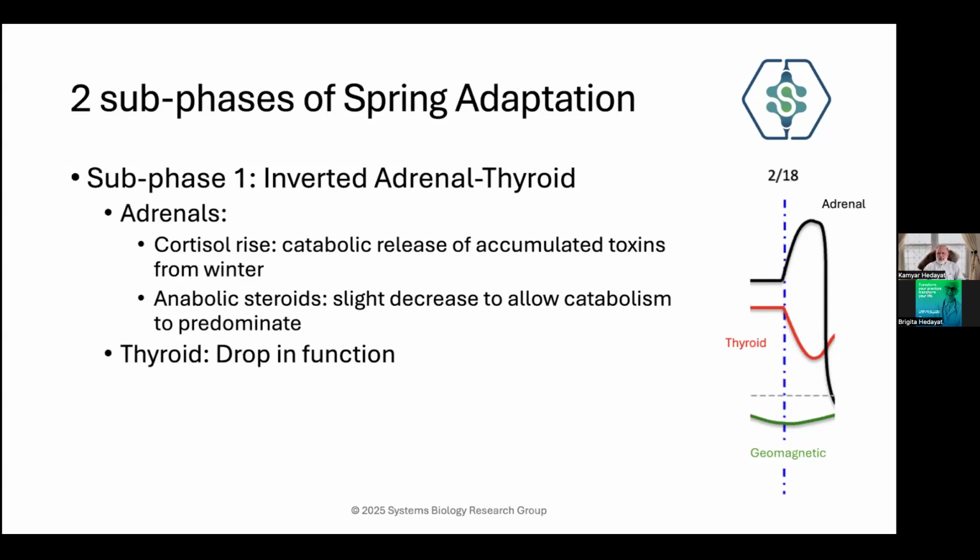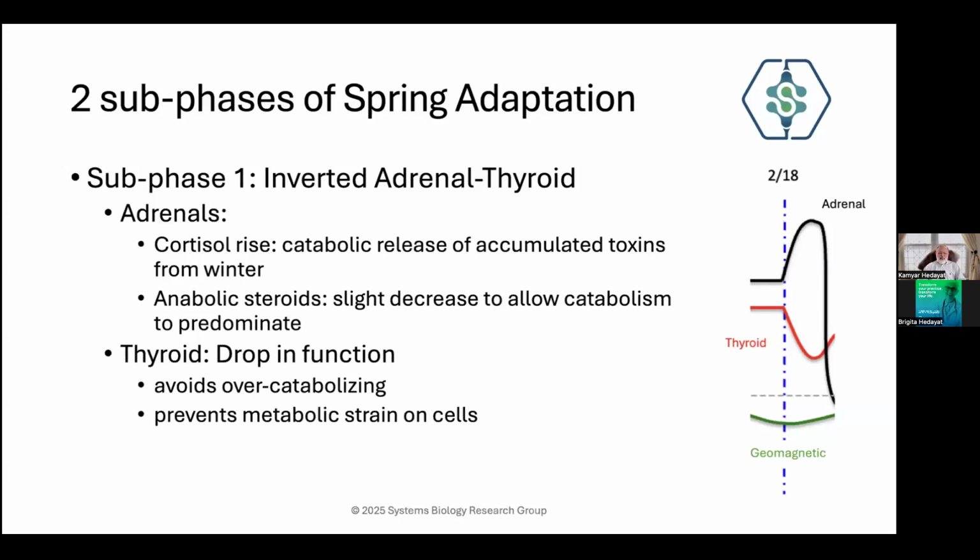And you see this drop in thyroid functioning, which avoids over catabolizing. Because if you had a rise in cortisol and a rise in thyroid hormones at the same time, you would go into too intense catabolic state here. That would not be helpful, because then you'd start to catabolize muscle rather than fat, for example.